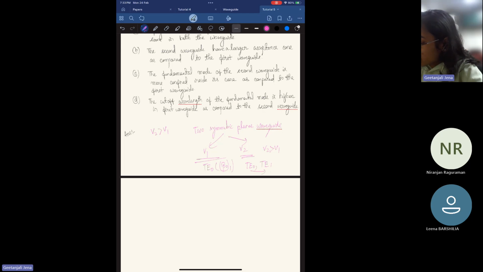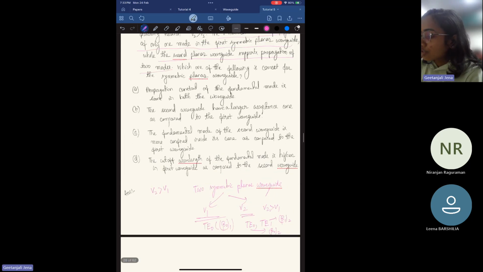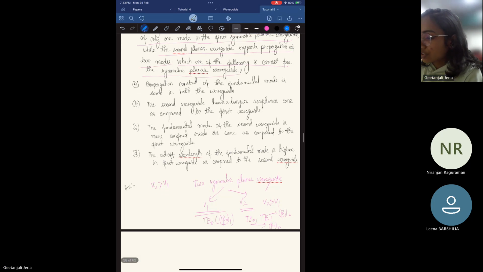So let us say the values are β02 and β1. Okay. So now the question is asking which one of the following is correct for the symmetric planar waveguide. So let us see what's the option.